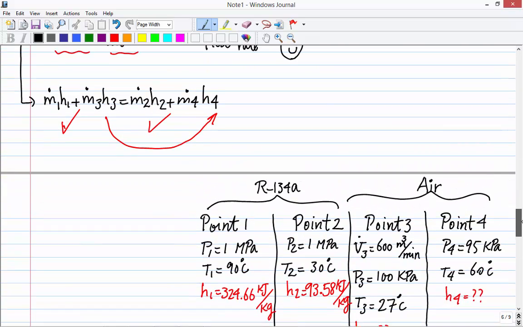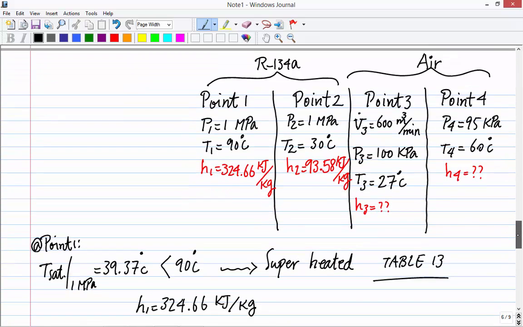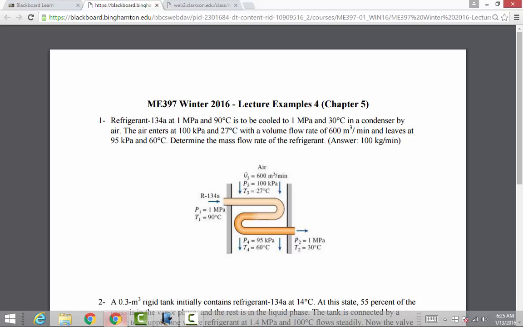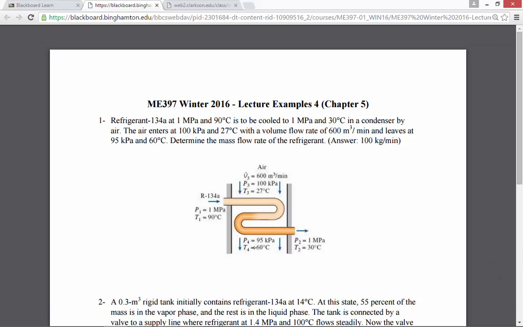But there's one more trick, just one more step. We have 4 mass flow rates, m dot 1, 3, 2, and 4. But it doesn't make sense to me. It's a lot of unknown parameters. If you take a look at this picture, although these two flows, the refrigerant and air, are interacting energies and transferring heat, they don't get mixed.